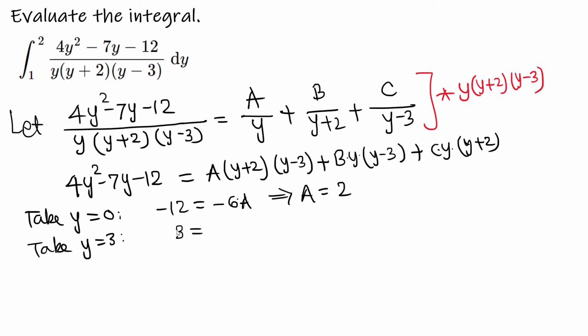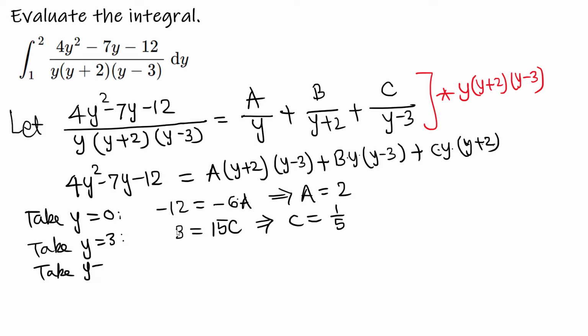Equals, plug in 3: 3 minus 3 is 0, this is gone. 3 minus 3 is 0, this is gone. Just the last: 3 times 3 plus 2 is 5, 3 times 5 is 15c. Now divide by 15. So c is 3 divided by 15, that means 1 over 5. 3 goes into 15 five times.